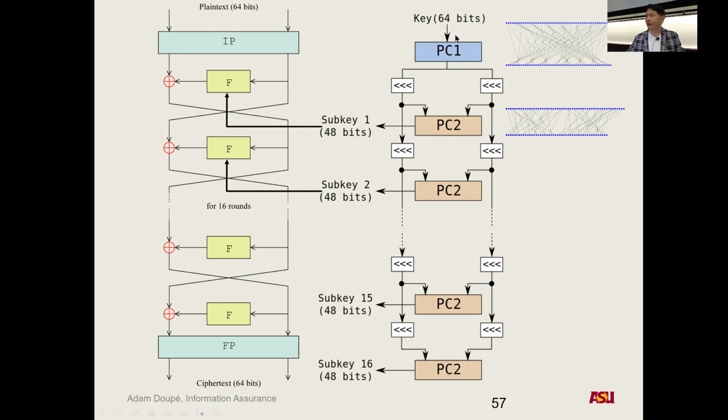So the key will be rearranged based on some permutation order. It is a complex permutation, and there is also a shift key here. The shift operation is also a kind of permutation. So they shift, and as a result make the 48 bits.